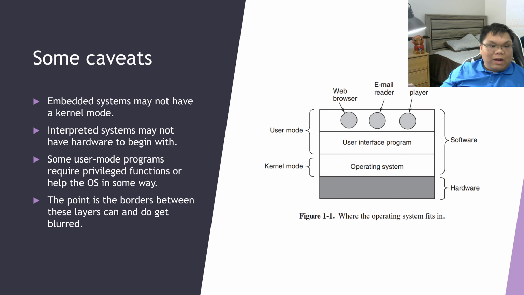Some user mode programs may require privileged functions, or it might help the operating system in some way. And the point of all of these caveats is to keep in mind that the borders between these layers can and do get blurred.